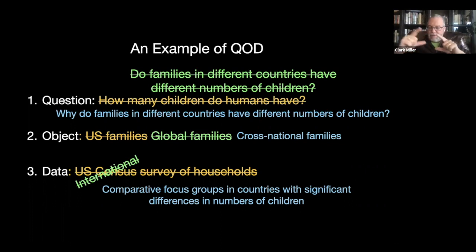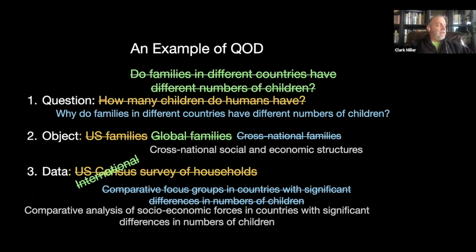We have a new question, we have a new object, and we have new data, right? But now we're doing focus groups instead of surveys, right? So we've got a different kind of inquiry that we're now doing, provides different kinds of insights to different kinds of problems.